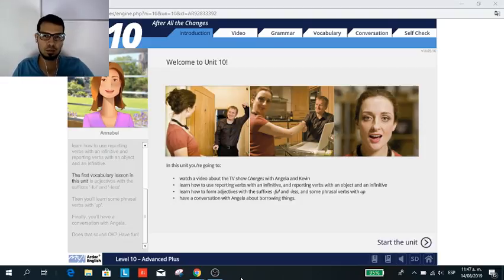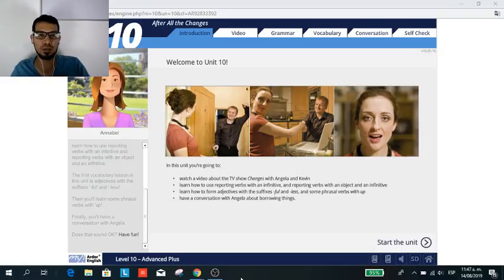The first vocabulary lesson in this unit is adjectives with the suffixes full and less. Then you'll learn some phrasal verbs with up. Finally, you'll have a conversation with Angela. Does that sound okay? Have fun!